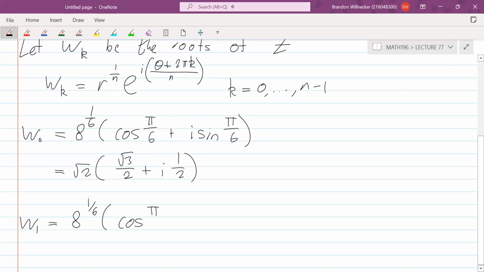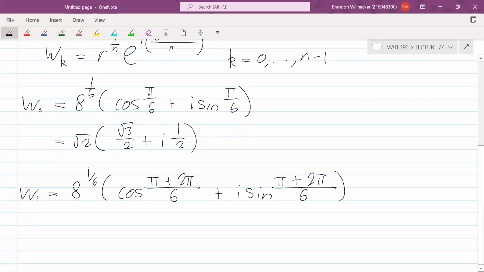So it's going to be π, as we had for theta, plus 2π, again over 6, plus i sin of the same thing, (π + 2π)/6. Again, 8^(1/6) is going to be root 2. And then we can just simplify these. Cos of 3π over 6, we're going to have 0. And for the sine term, it's just going to be i.